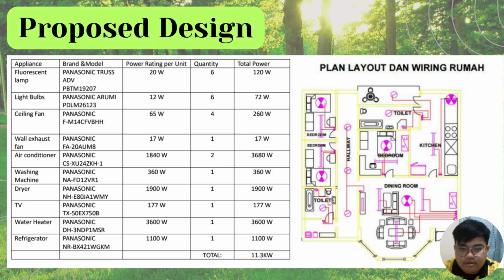This is the total power of the appliances that we got from our research, and the total power we get is 11.3 kilowatts. So this is the design, we have the appliances here.